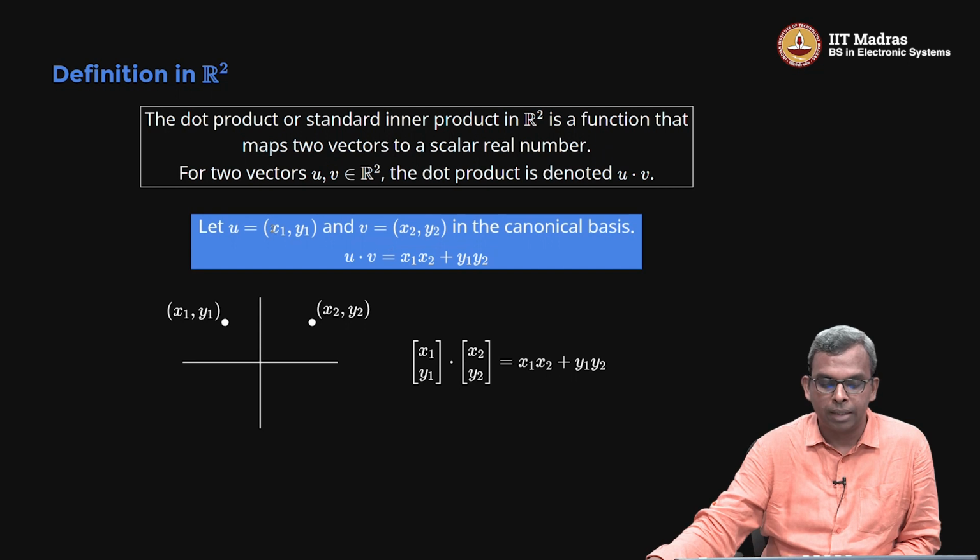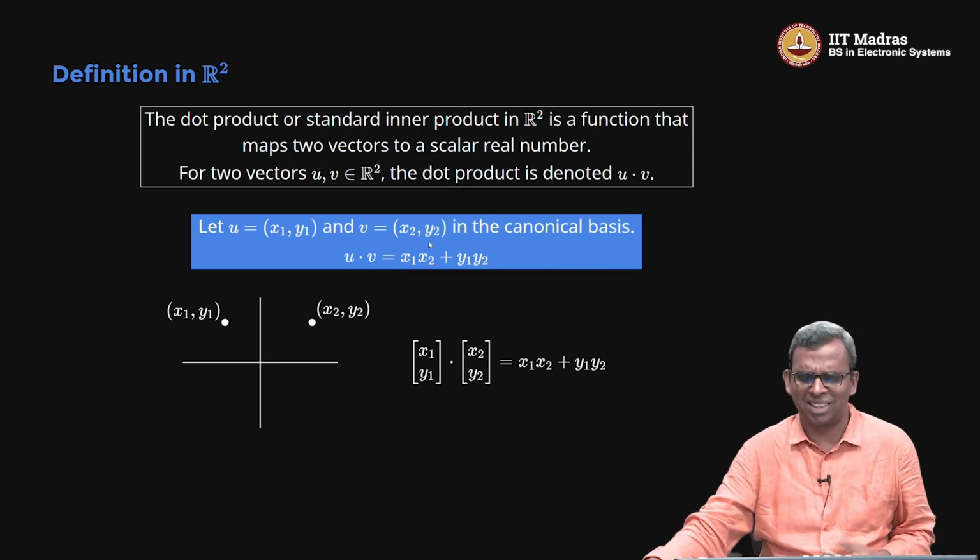Notice how these coordinates are used in the definition of the dot product. U dot v is x1 x2 plus y1 y2. Notice the way in which the dot product is evaluated. The corresponding terms in the two coordinates are multiplied and then you add to get a final number. So, this is a real number. At this point it does not seem like this is any special definition.